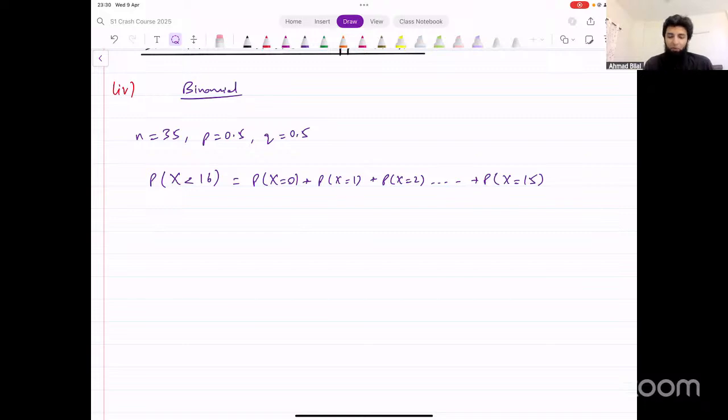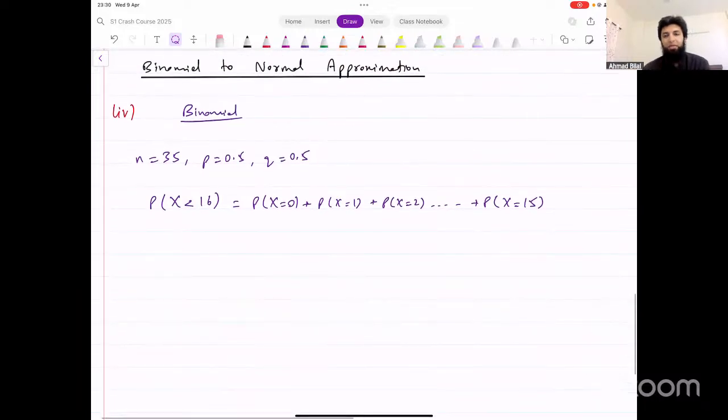So in binomial, what we have to do is, if we get something like this, we convert this to a normal distribution. The actual distribution is binomial, right? But since we have to do so many calculations, we approximate it as a normal distribution. And this is something that you do a lot in practice. When you go to university, you will find that normal distribution is going to be used in a variety of different contexts.